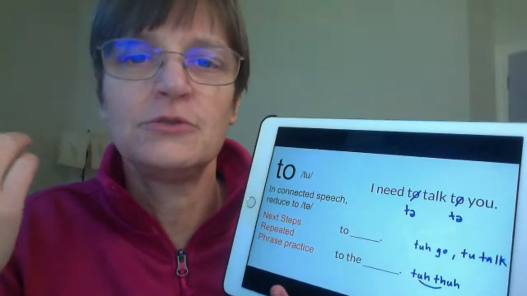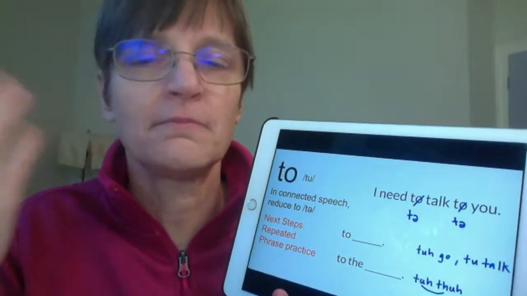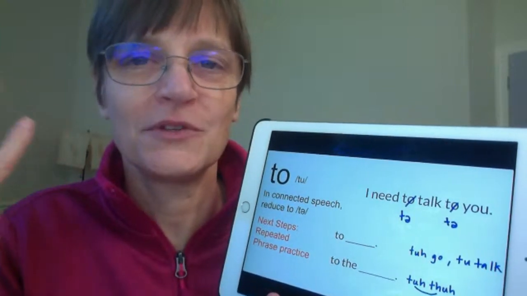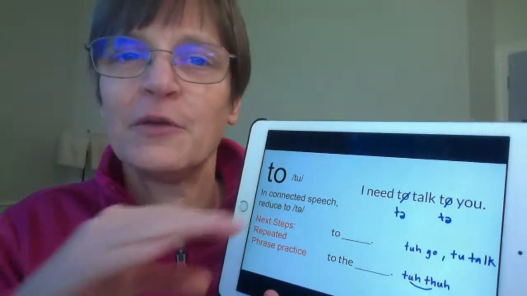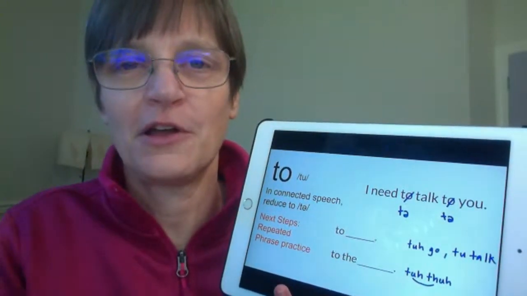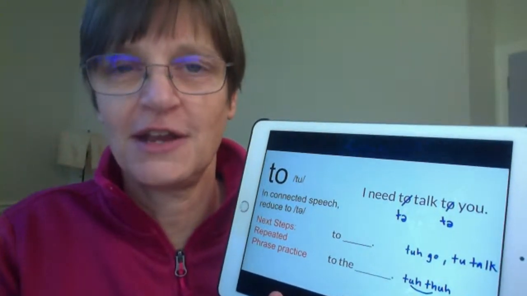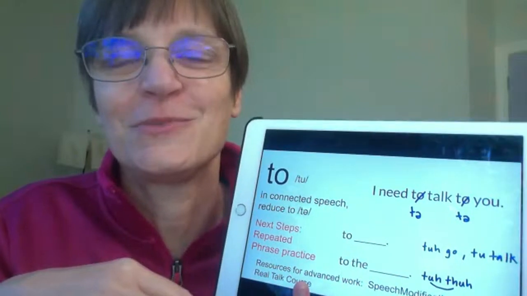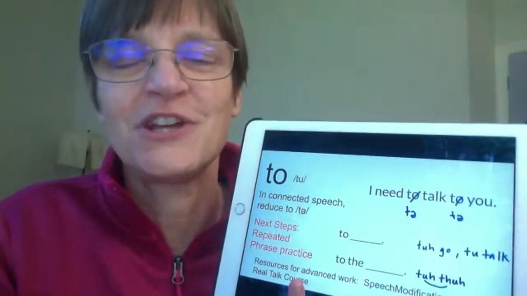Again, if you say to the meeting, to the store, that's clear, that's correct, but it's different than how Americans speak, and it will stand out and be noticeable. It really helps our fluency to do these reductions and this linking, and that's part of more advanced training. And so you can find more help with that on my Real Talk course and my Real Talk playlist here on Speech Modification YouTube channel.